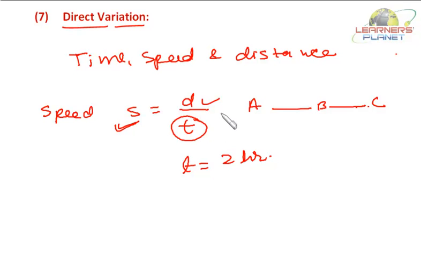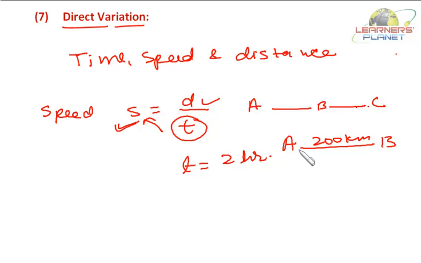Now the other case. Suppose the distance to be covered from A to B is maybe 200 kilometers, and I have to cover this distance in some particular time. Now I'm looking at the relationship between speed and time. If distance is constant and we increase the speed, then time will be reduced.